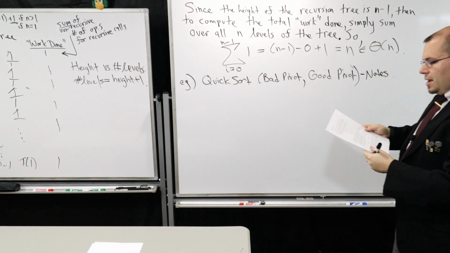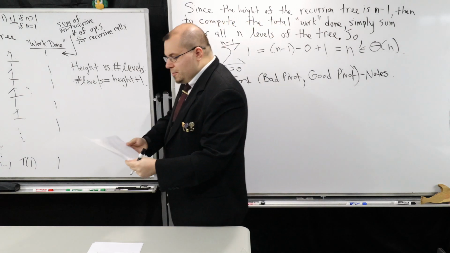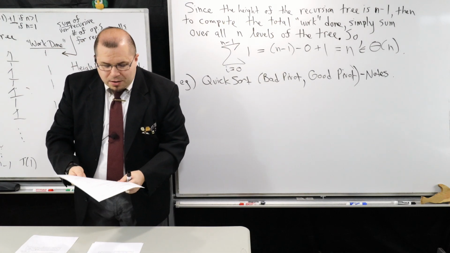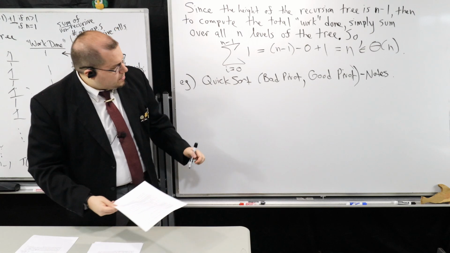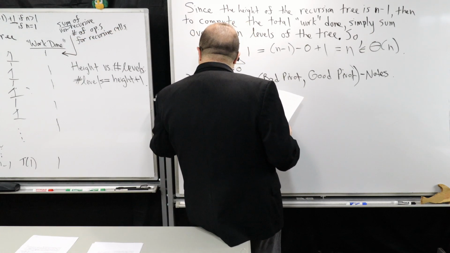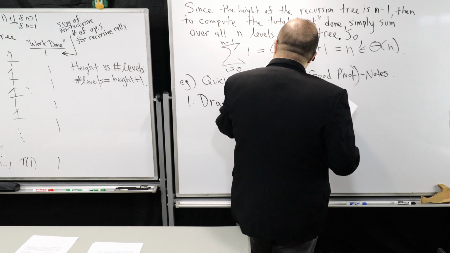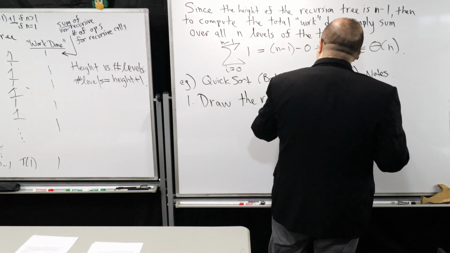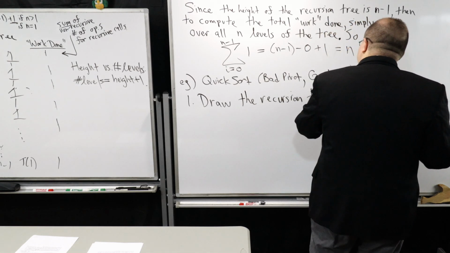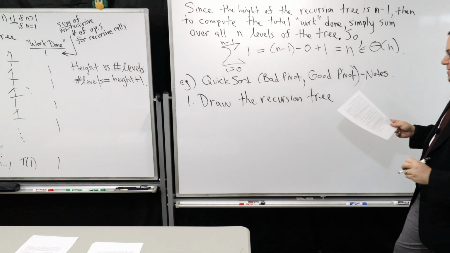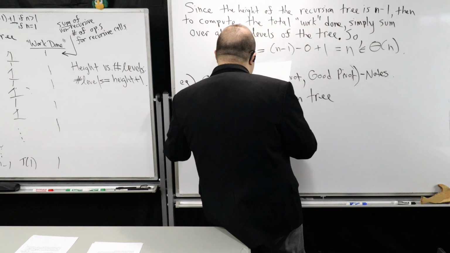So the big things I really want you to be aware of are, let me give us a recap of what we did. First, you're going to draw the recursion tree. You'll see more what this recursion tree will look like when we do something a little bit more interesting. So we draw the recursion tree.